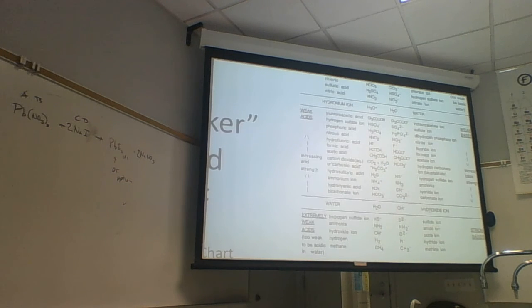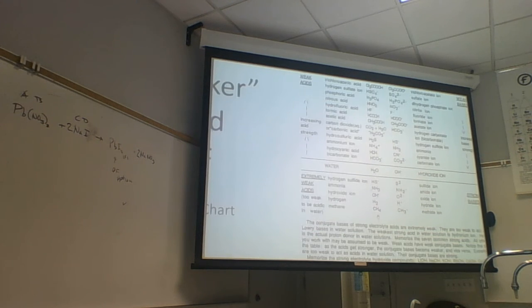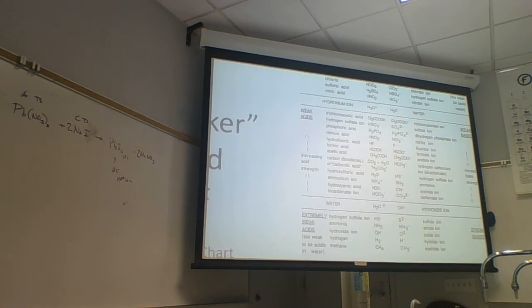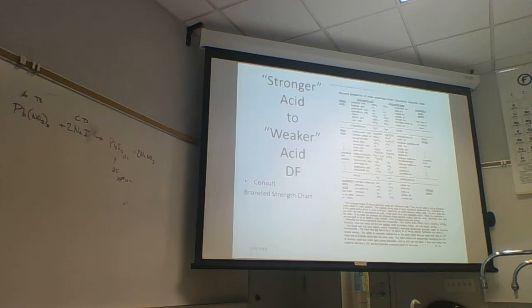And you can go down the list. Water is way down here. Do you see it? Water is quite a weak acid, and these are acids that are even weaker than water. Normally when we think about water, we don't really think of it as being very acidic, do we? We think of it as being more neutral. All right, so this is on the handout here.